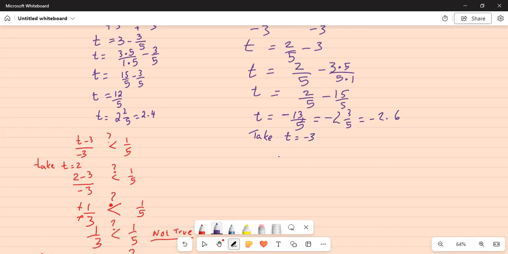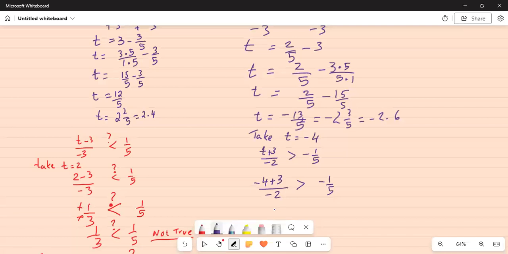Remember, the inequality was (t plus 3) divided by minus 2 greater than minus 1/5. Let's plug in t equal to minus 4. So it will be (minus 4 plus 3) divided by minus 2 greater than minus 1/5.